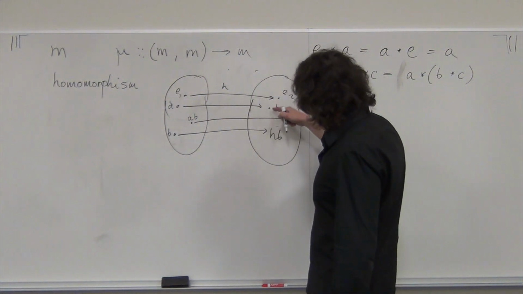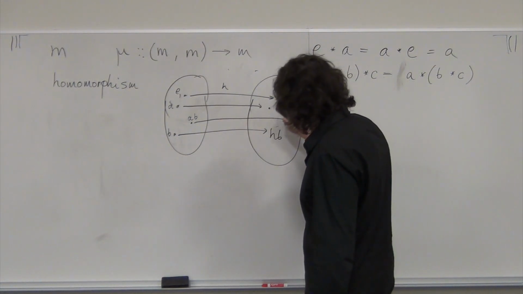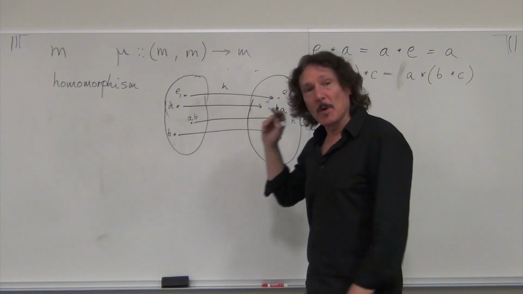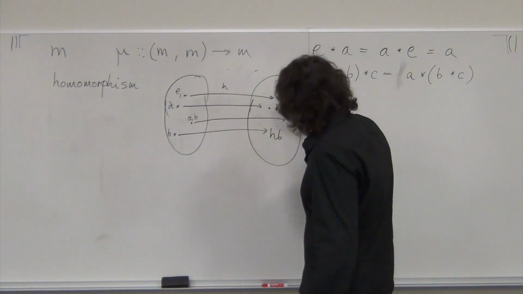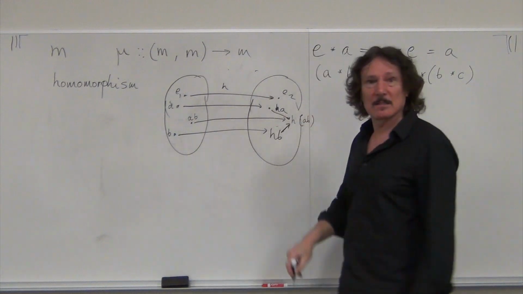But in this monoid, we can do the other multiplication. We can multiply HA times HB. So if we want to preserve the multiplication, these two have to multiply to give me this.